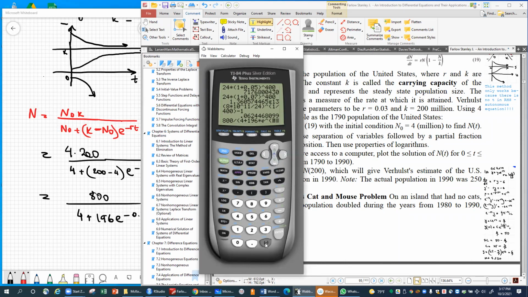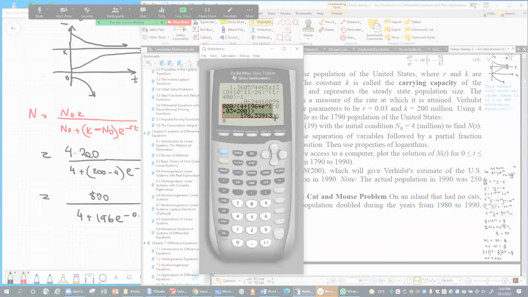You have to use this minus when you need to enter negative, minus 0.03 times 200 years. Okay. Yep, you get 178.